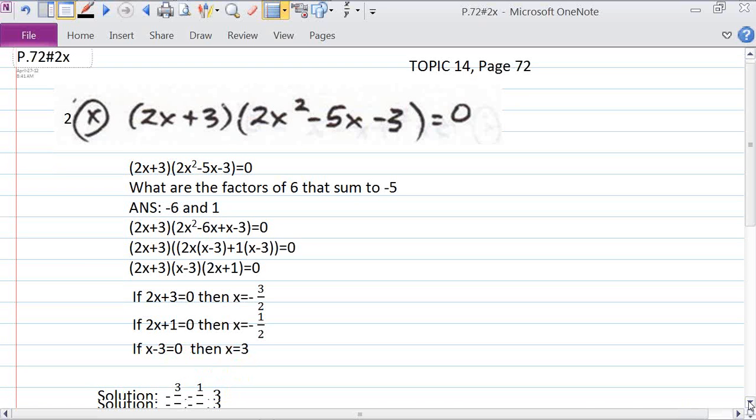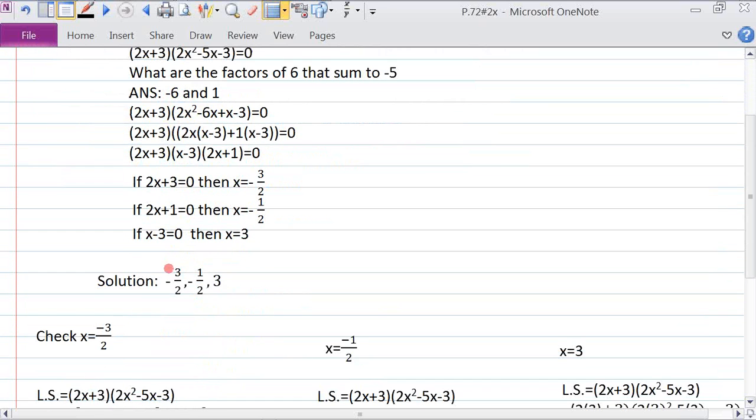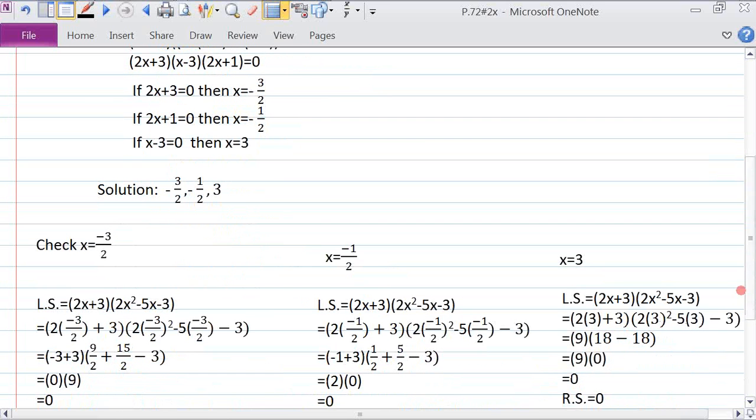So we have the solutions: minus 3 halves, minus a half and 3. And if we plug that in to the equation, and we go back and plug it into the original equation, you can see that I have 2 times minus 3 halves plus 3.